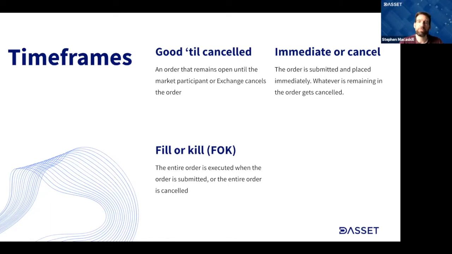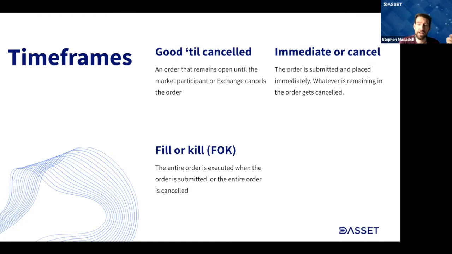If you place a limit order that is good till canceled, it's just like it sounds. That order is there until you or the exchange cancels it. You could place an order and come back in 2 weeks and the order is still there. It's not going to go anywhere.